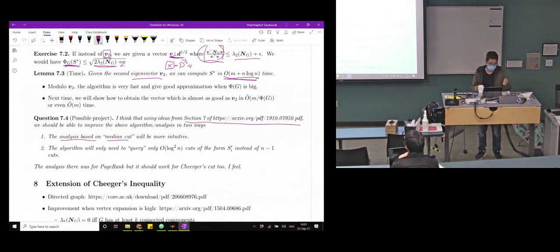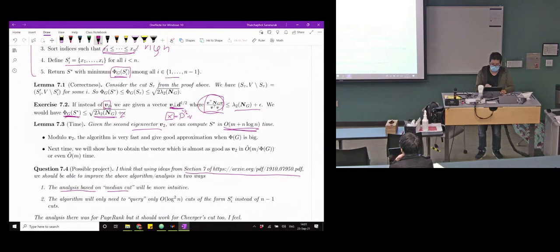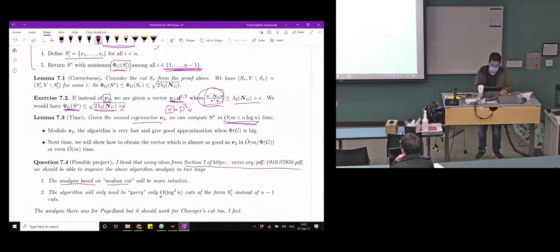Also, the algorithm might be better, because instead of looking at n many cuts and querying which of these n cuts is the sparsest, it should query just log n many cuts.